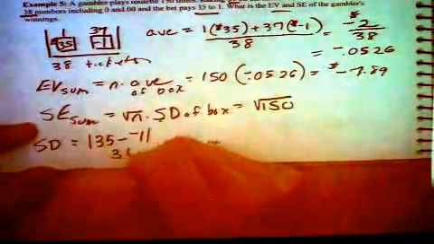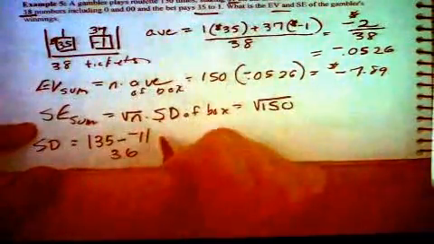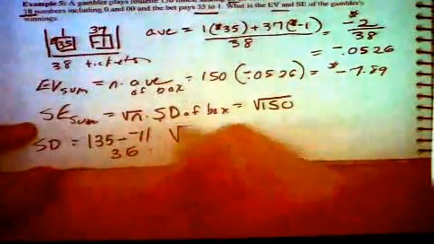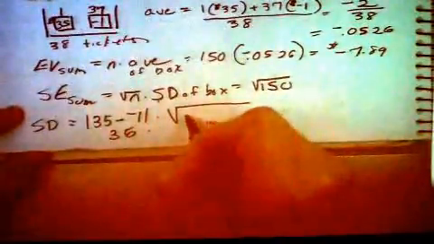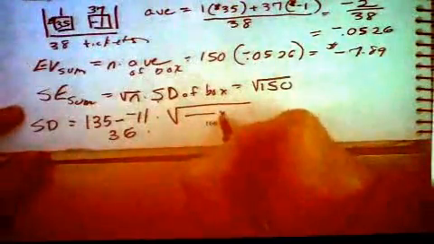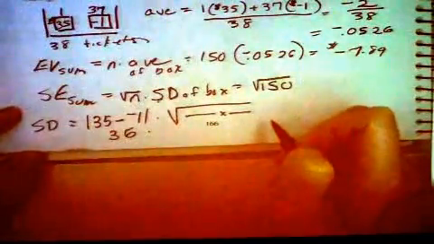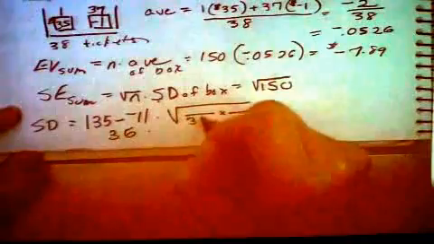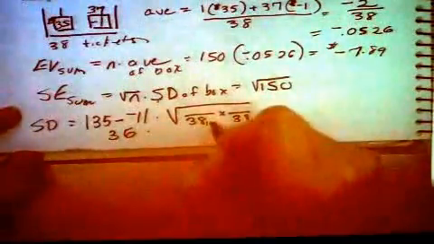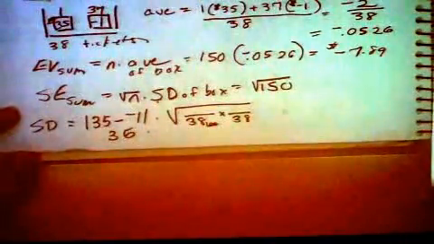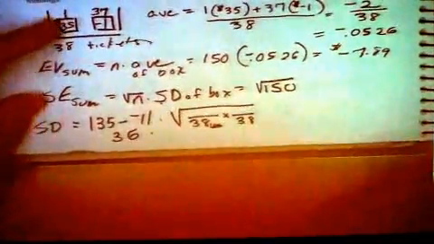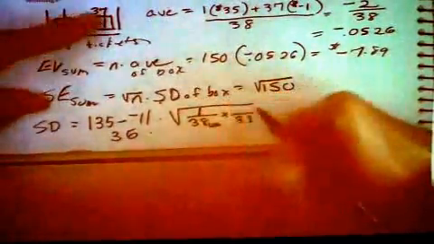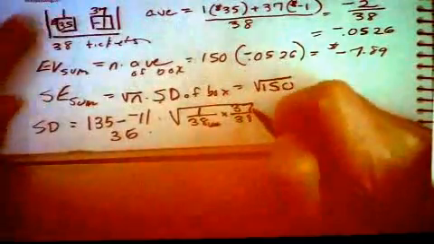That's going to be 36 times the square root of the fraction of the tickets that have one number on them times the fraction that have the other. Well, we have 38 tickets in the box, so that'll be our denominator. It doesn't matter which, 1 out of 38 times 37 out of 38.